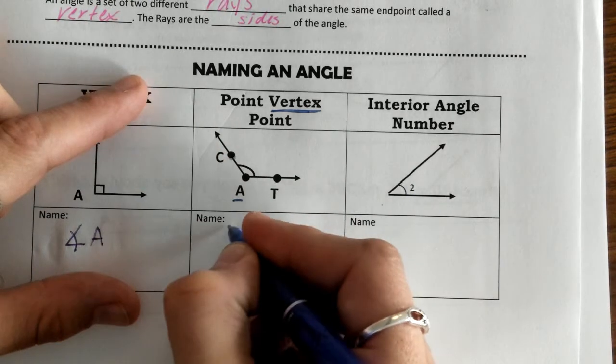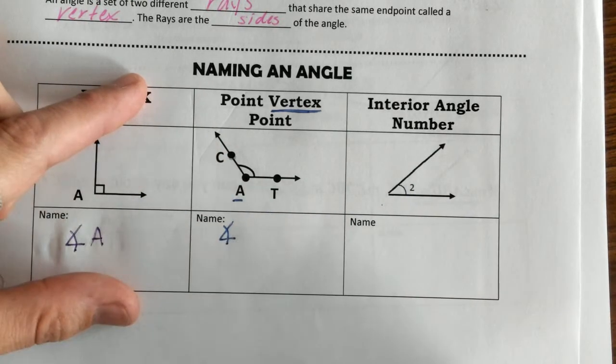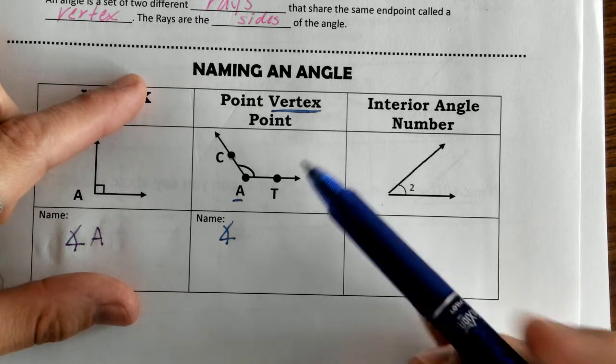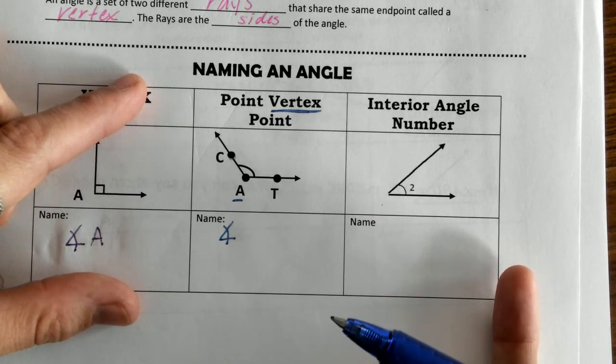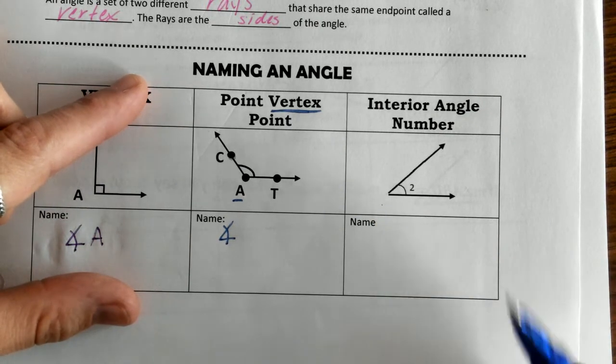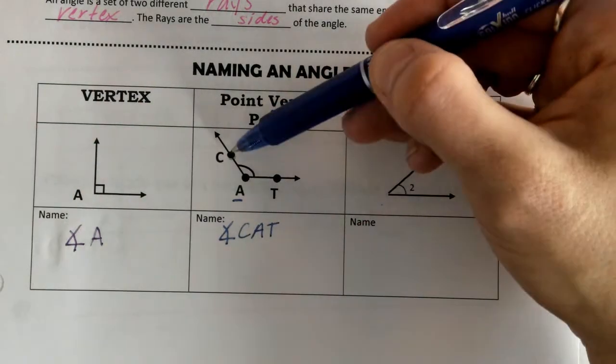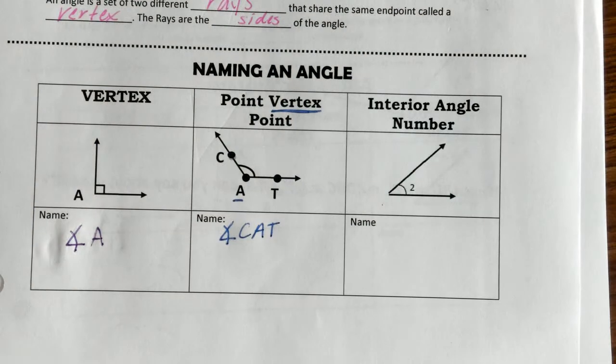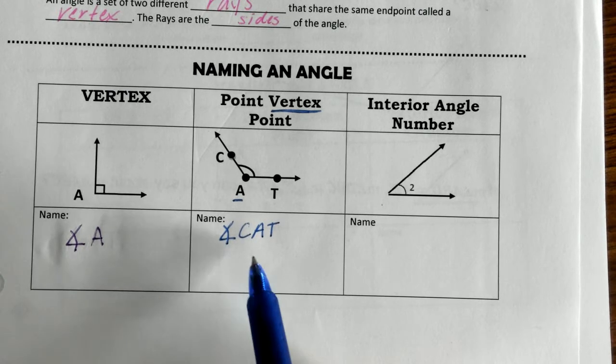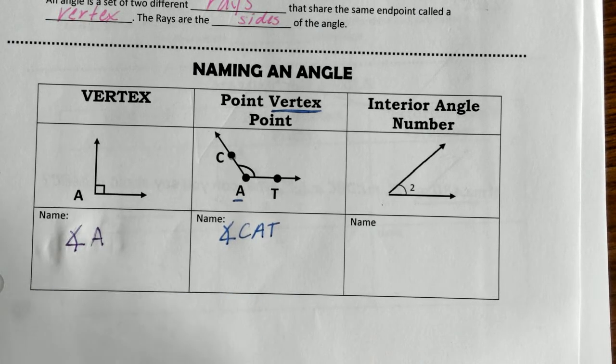So how can we name this? Angle, what? Who's got our name? Angle CAT. Good. We went from the point on the ray to the vertex to the point on the ray. Does anybody know how else we can name this? There is another way. What you got? Angle cat. Well, actually saying the word cat, yeah, we can.